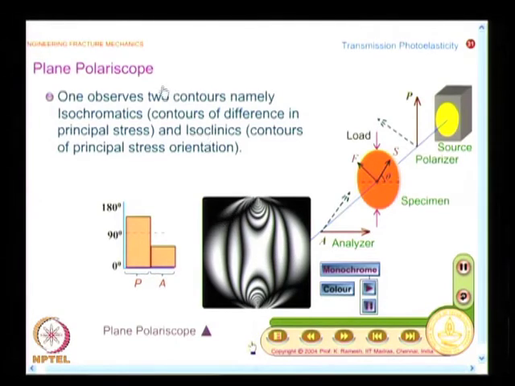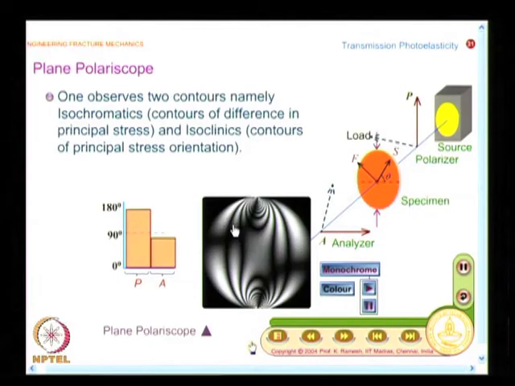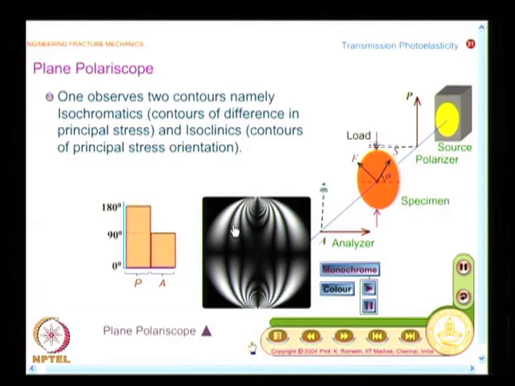So, one observes two contours, namely isochromatics, which represent contours of difference in principal stresses, and isoclinics, which represent contours of principal stress orientation. Now we look at the circular polariscope.